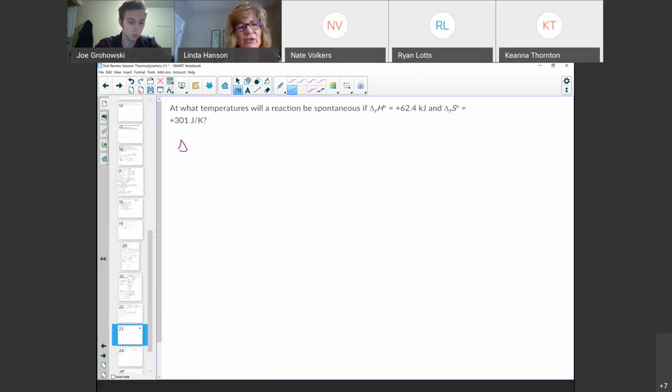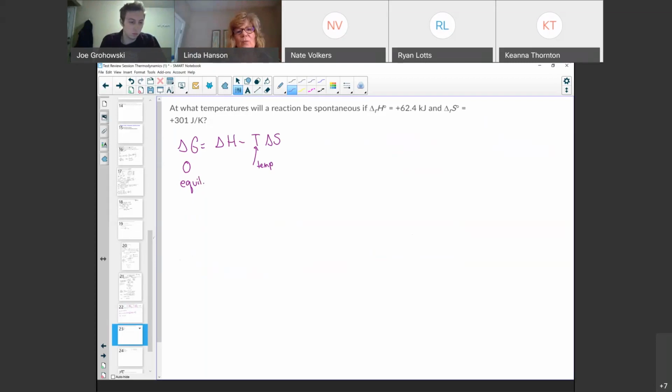Remember, the only equation we know, the bread and butter of our chapter, is this right here. Our target variable is the temperature. Now, what we know is that when delta G is 0, we are at equilibrium. That is the temperature at which the forward direction is exactly the same rate as the reverse direction.